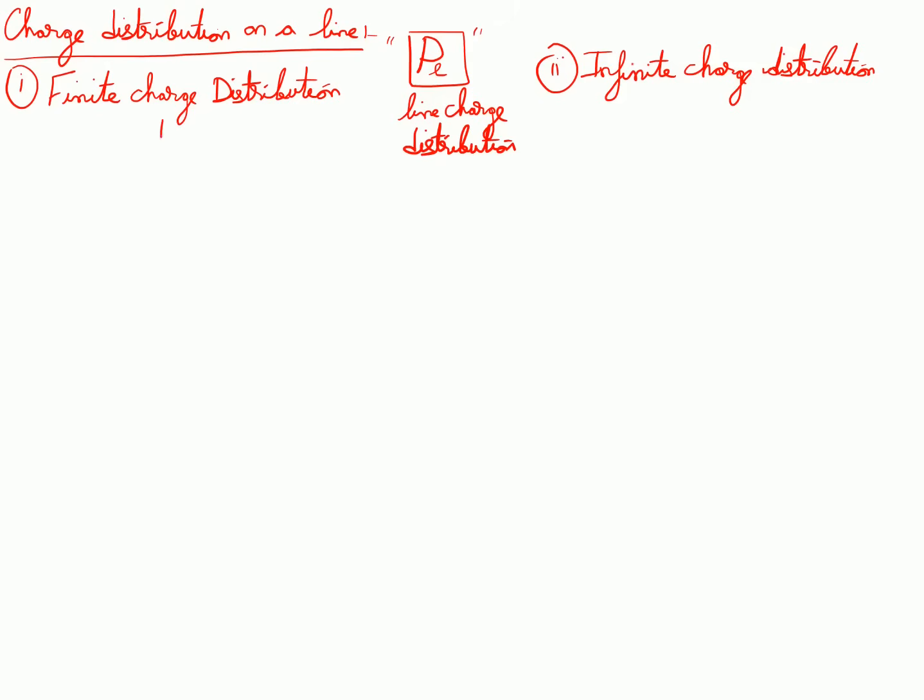So for the finite charge distribution, let us consider a circle, and it has a center and a radius. So this is the origin and this is the radius, and it is making any certain angle theta, and the charges are uniformly distributed, or finite number of charges are distributed on this circle of radius r.